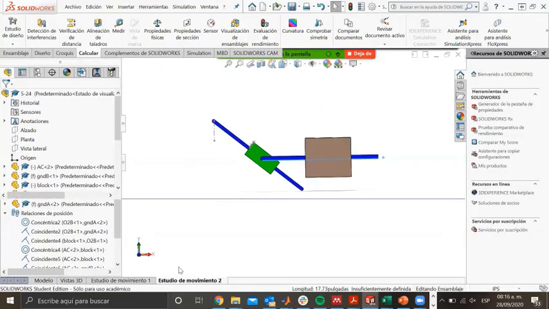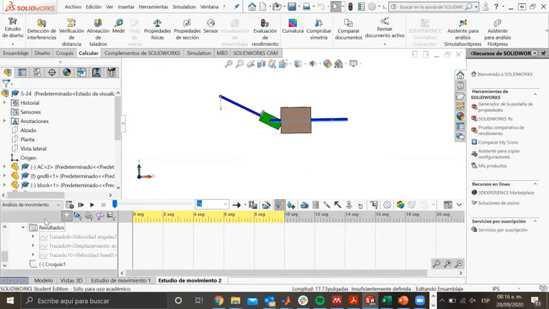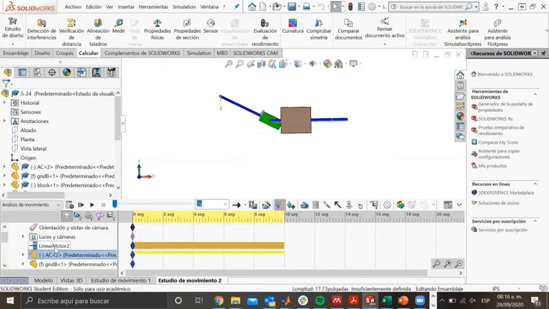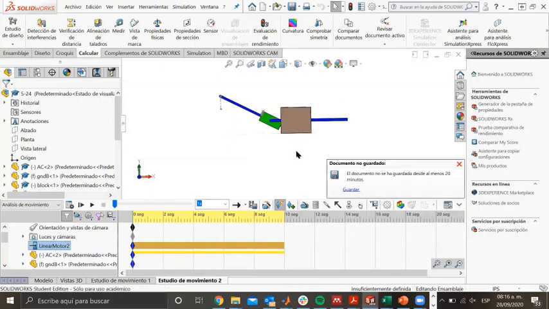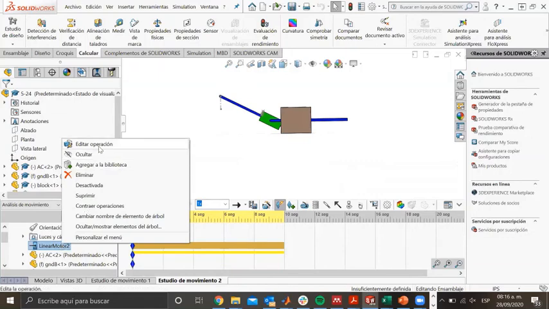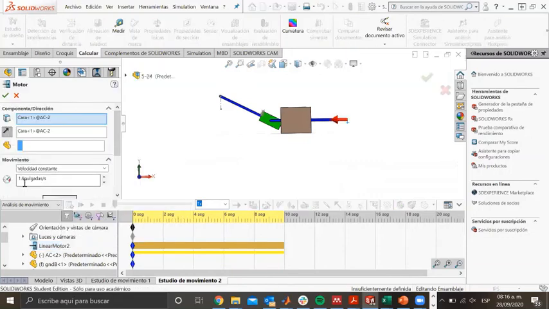And I did the simulation here. I have added already the linear motor. Yeah, linear motor, you can add it from here. It will ask for a normal surface to which this velocity is going to be applied. And you can check that I put 1.6 inches per second, right?